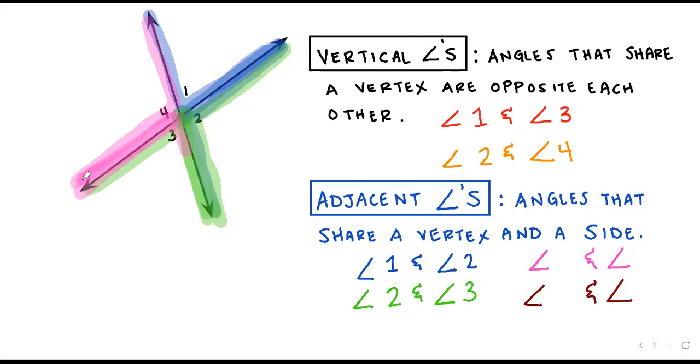So you can see that angle 3 and angle 4, and they also share that vertex, are also adjacent to each other. And then lastly, we have angle 4 is sharing this side with angle 1. So angle 4 and angle 1, since they also share the same vertex, are also adjacent angles. So once again, in order to be adjacent, they have to be sharing the vertex and they have to share a side. That totally makes sense.